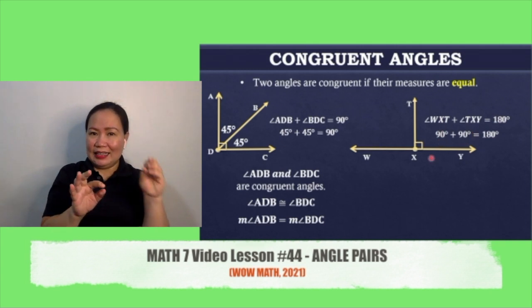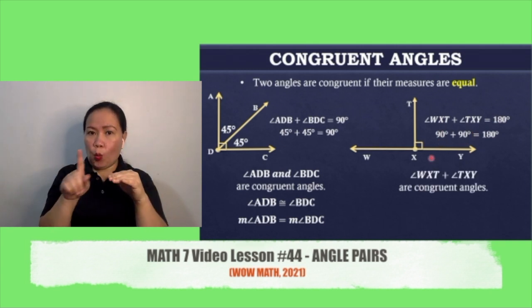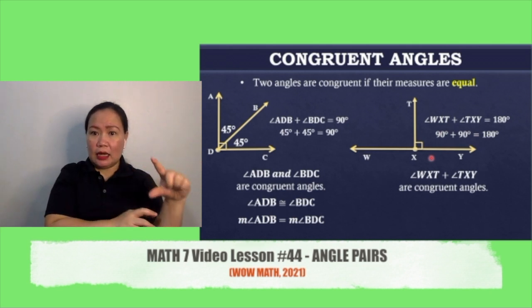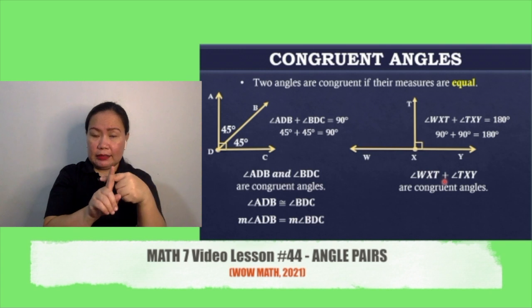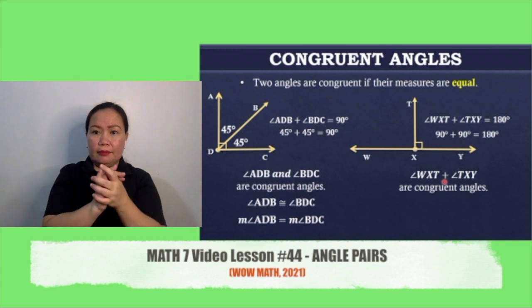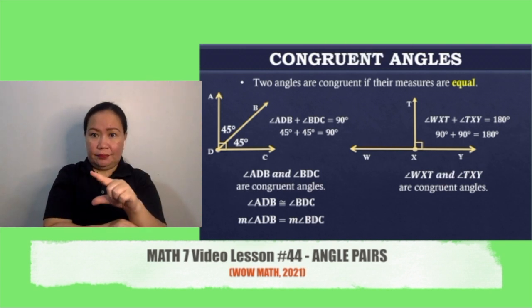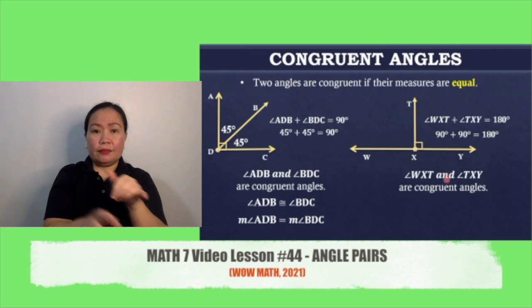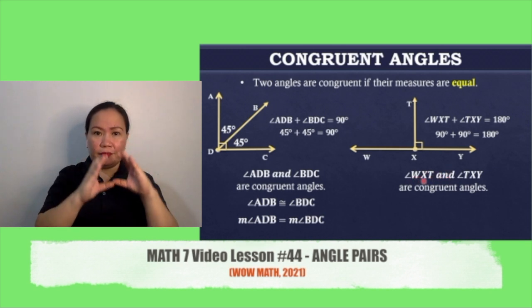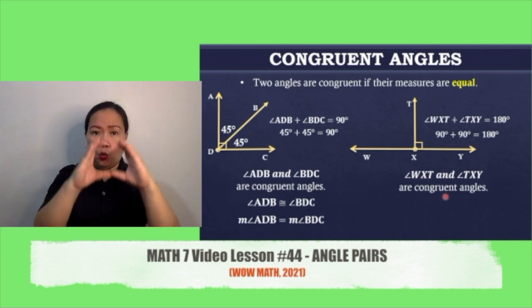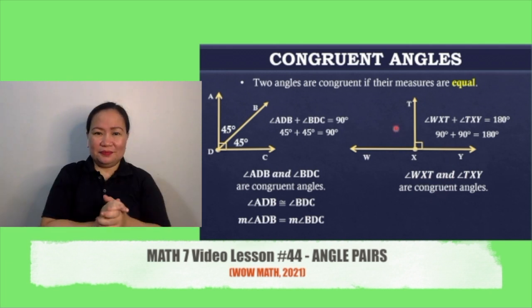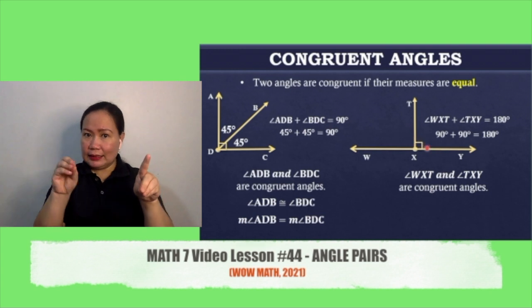So, in this figure, in this illustration, we can consider that this is end. It's supposed to be end. Okay, so we have angle WXT and angle TXY are congruent angles. Okay, so because they are both 90 degrees.